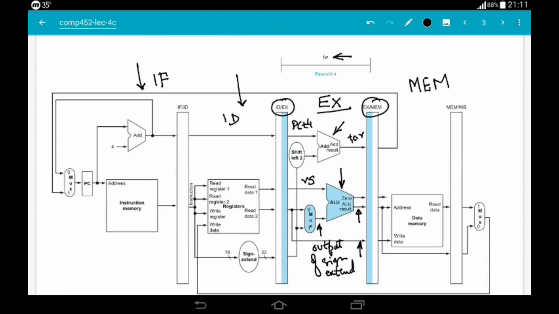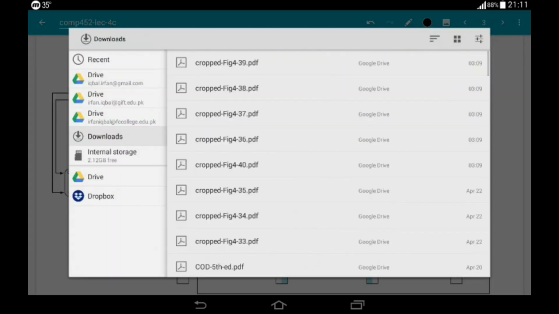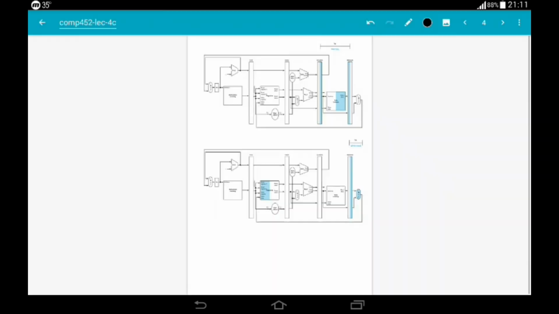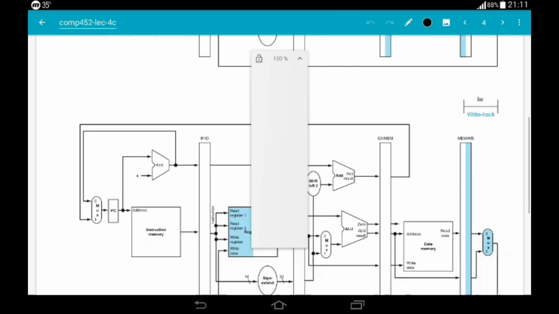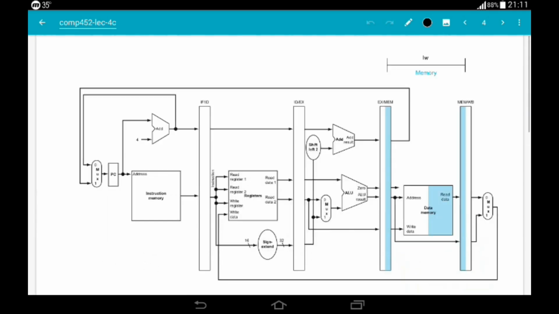So we want to go to the MEM stage. Okay, let's go to the MEM stage. There we go. Okay, so this is our MEM stage now.